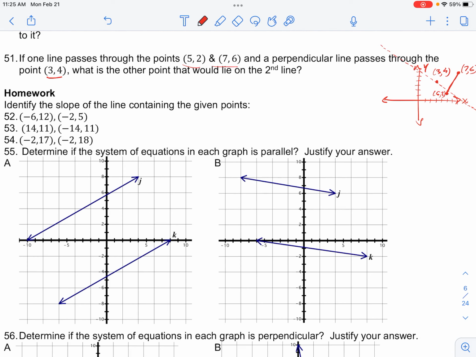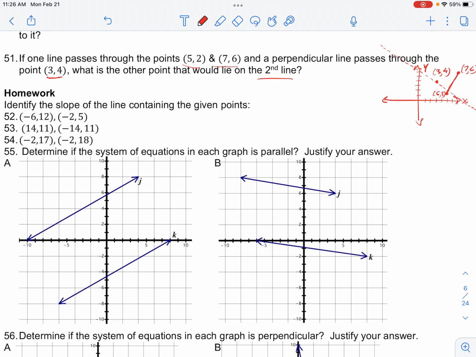So in order to find another point that would lie on this second line, first of all, we need to find an equation of this second line. So we need one, to find the slope, and two, to find the y-intercept.